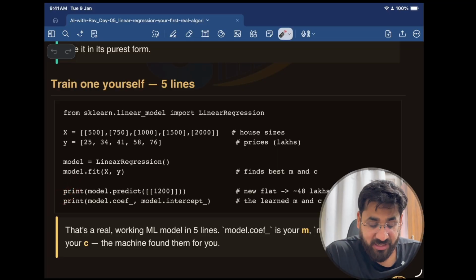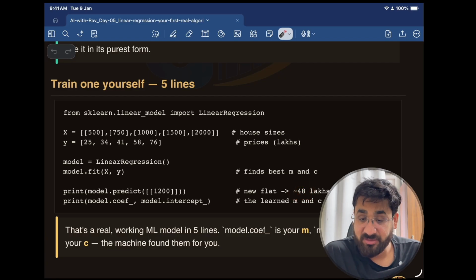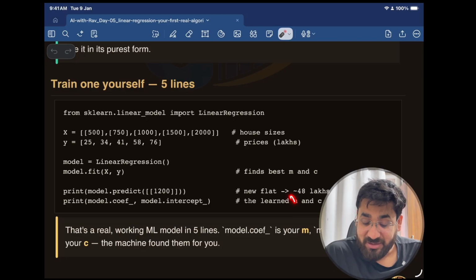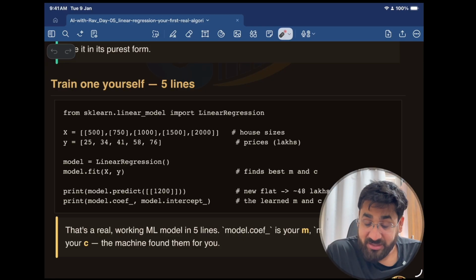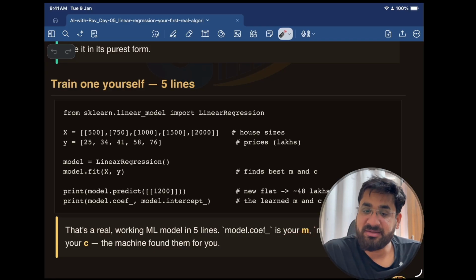Just print the value of model dot predict. If the size is 1200 square feet, what is the price? And it has predicted, say, 48 lakhs. And the purpose is to find the best possible combination of slope and starting point, m and c. These are called coefficient and intercept in the core mathematical concept. So we find, and we are here. Now we have found. As simple as that. Within 5 lines you trained your model.